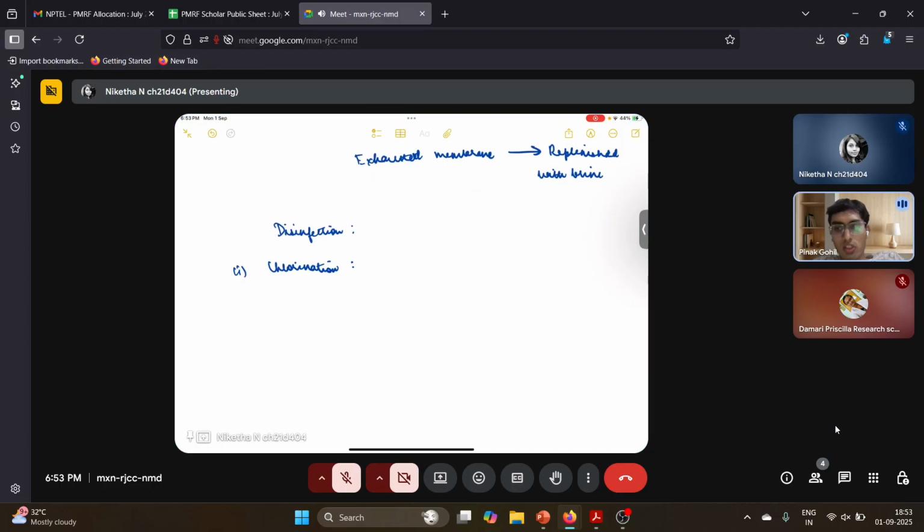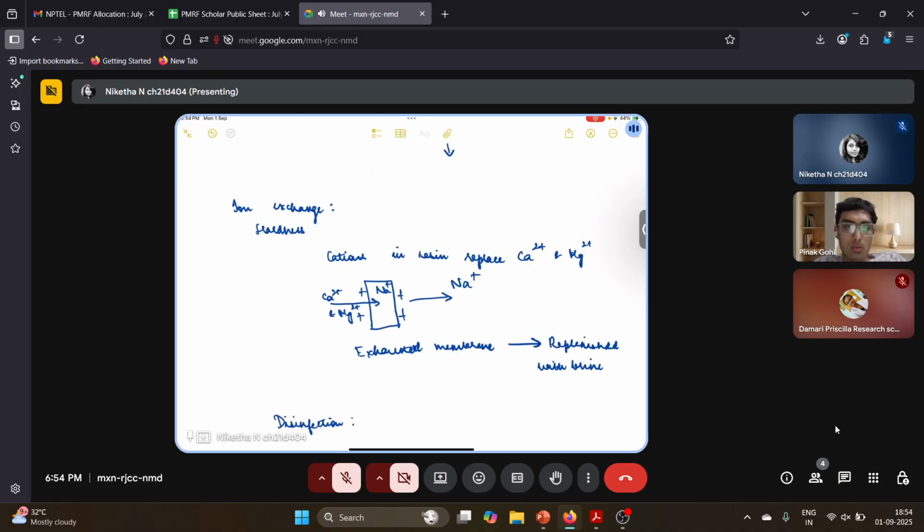This brine solution means sodium chloride, right? Yes. And as you said, that sodium ions will replace calcium and magnesium. So what about the chloride ion, Cl minus? Yeah, they will also. I mean, if the inlet solution contains chlorine, then that will not be replaced. But if it is containing something else like carbonate, then that will be replaced.